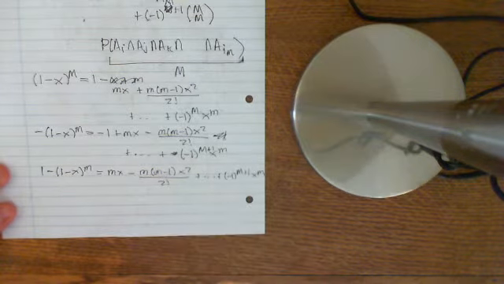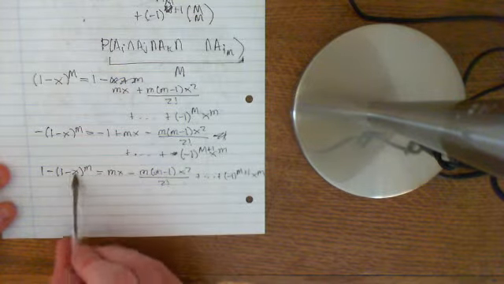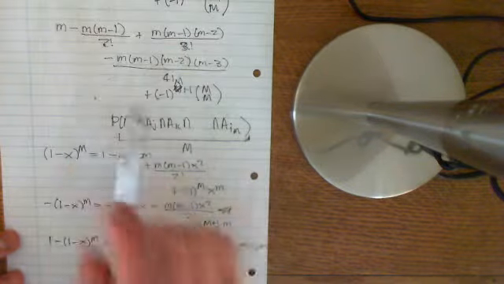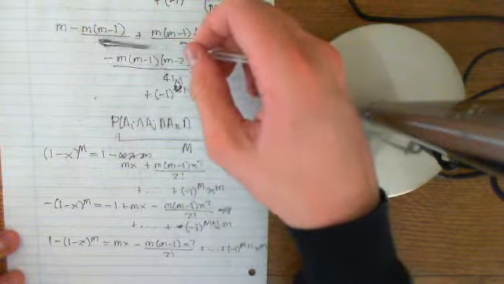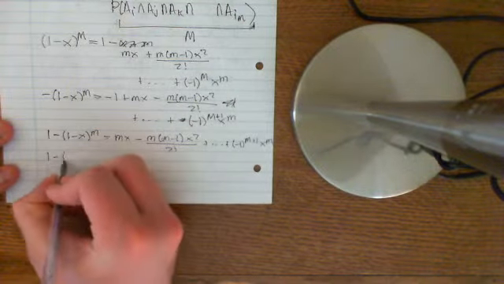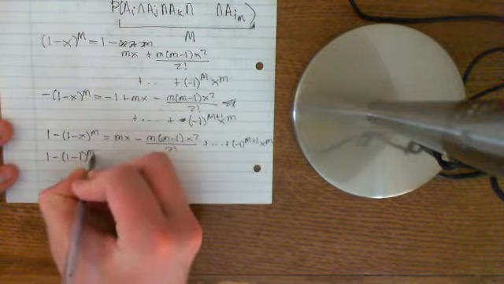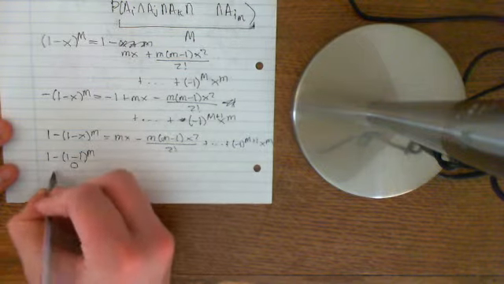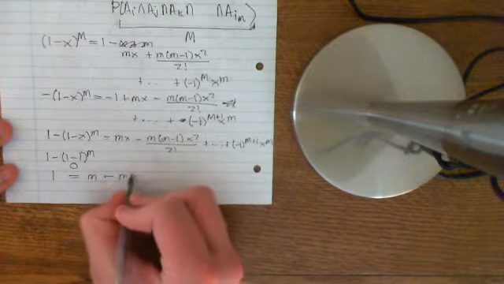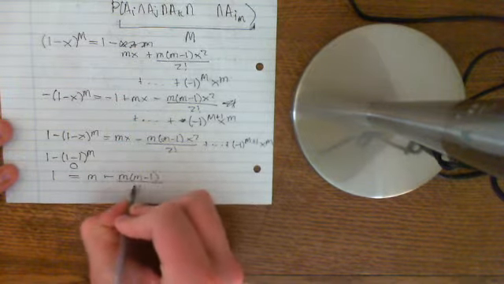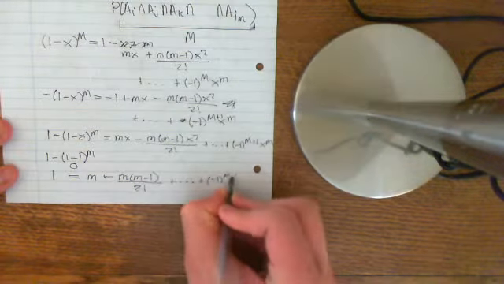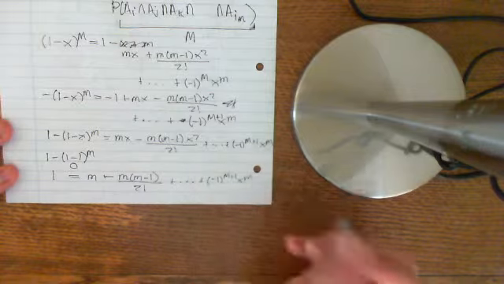And now just substitute in x is equal to 1, and you will get this great big term we had up here. You'll get m minus minus 1, and it will all work out. And what do you get on this side? You get 1 minus 1 to the m. Well, 1 minus 1 is 0, so you just get 1 on this side is equal to m minus m minus 1 over 2 factorial plus all the way up to minus 1 to the m plus 1 x to the m.